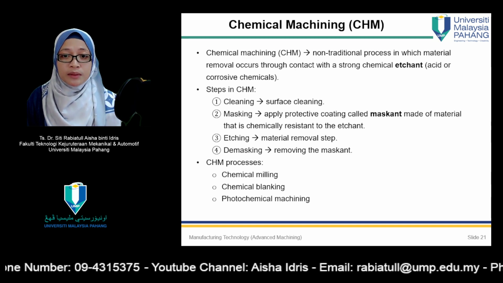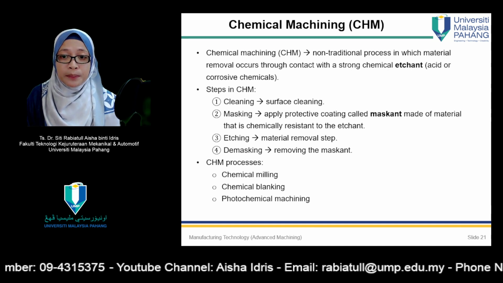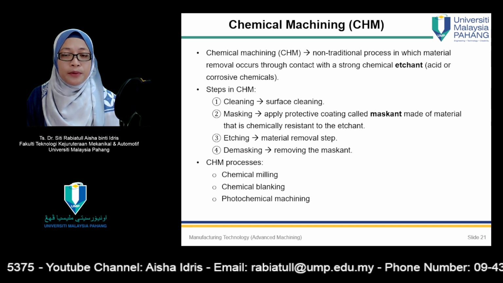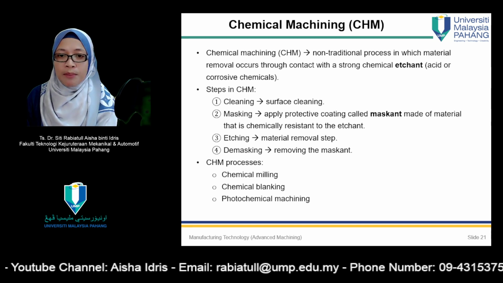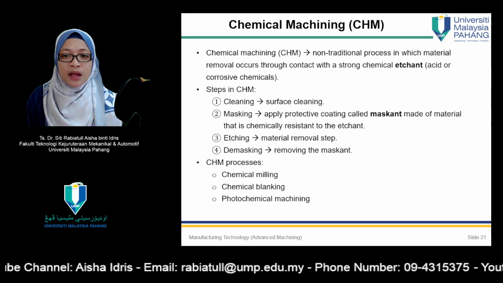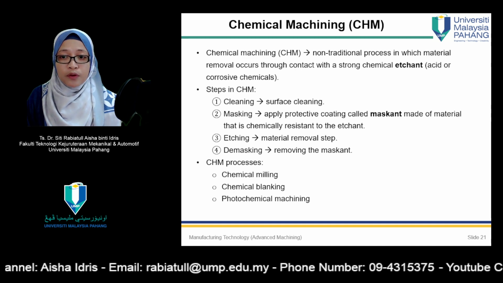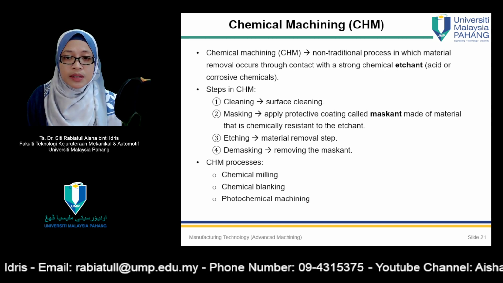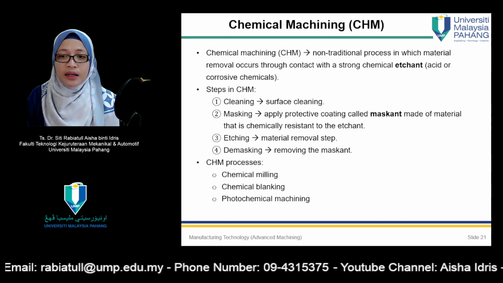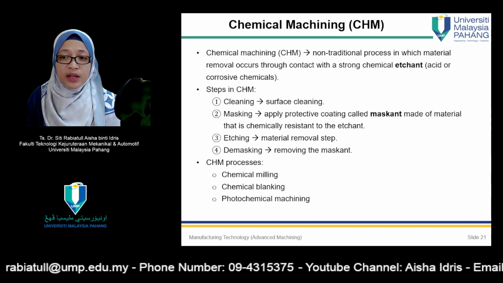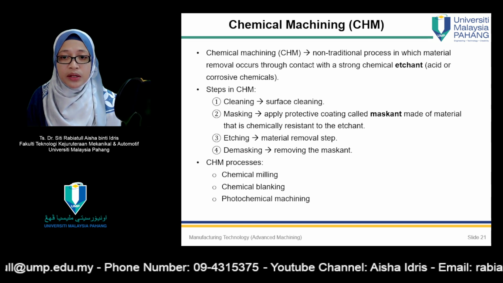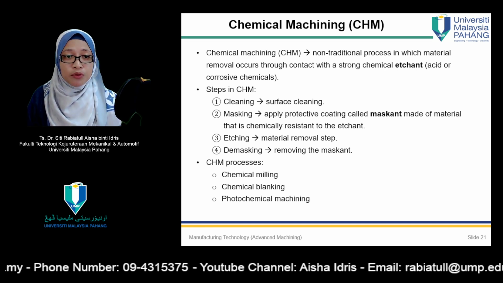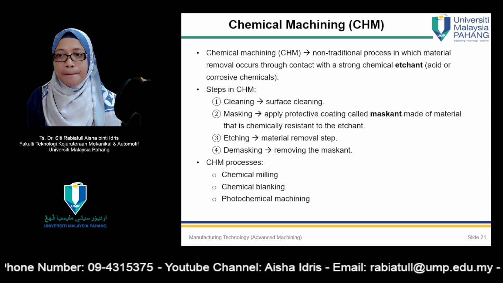When the desired amount of material has been removed, the part is withdrawn from the agent and washed to stop the process. Number four is demasking. The mask is removed from the part. The two steps in chemical machining that involve significant variations in method, material, and process parameters are masking and etching, which are step 2 and step 3.